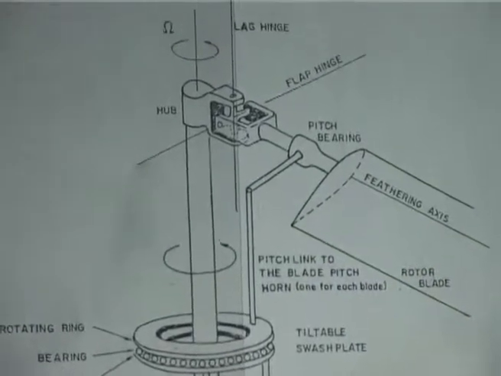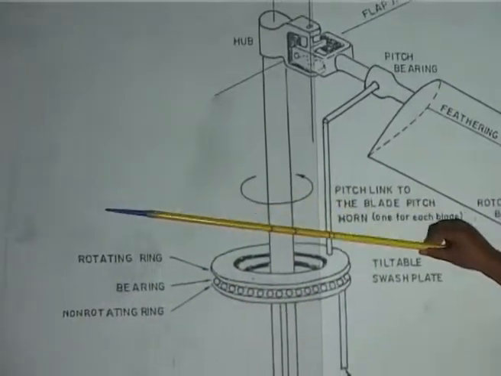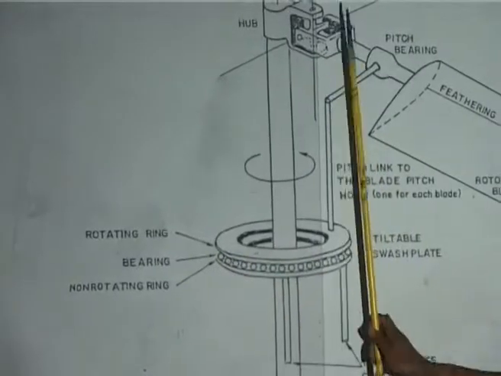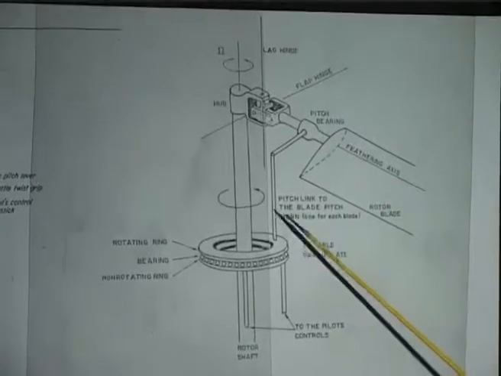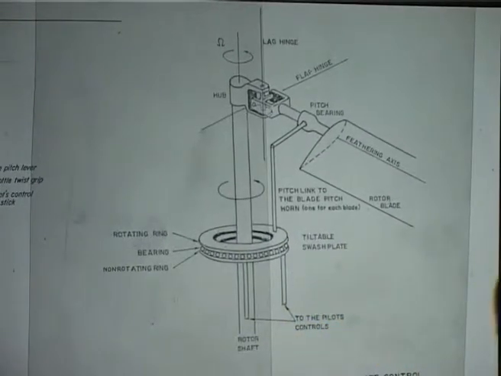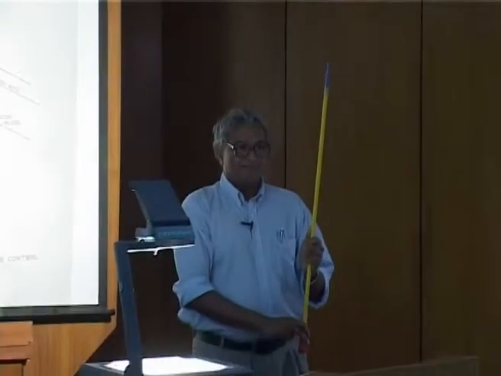Now, if I move this entire unit up or down, what I am doing is I move this control rod up or down. Not only this control rod, if I have 4 blades, every blade will have its own control rod. I move everything simultaneously up or down.